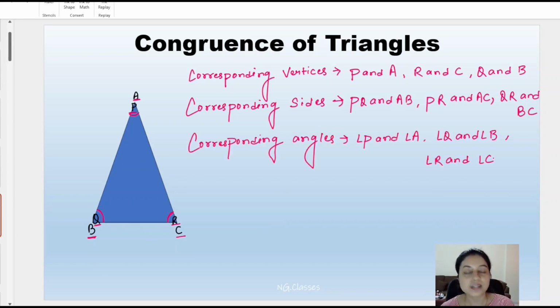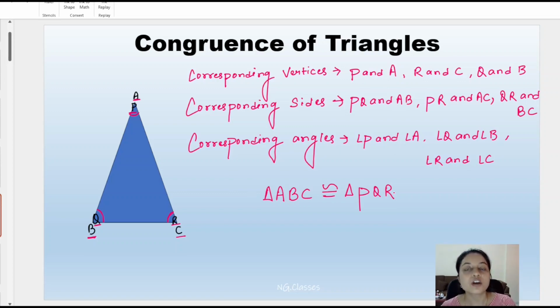Now, if two triangles are congruent with each other, we can write it as triangle ABC, this is the sign of congruency, is congruent with triangle PQR. We must be careful while writing the sequence of the triangle. That means the name of the triangle ABC and PQR.